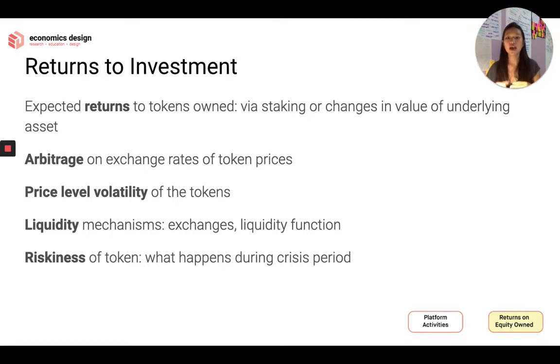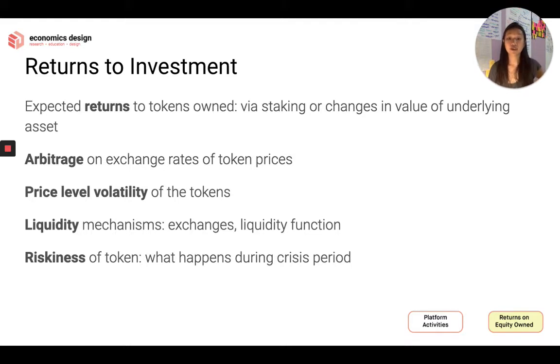But not only that, when we talk about returns to investment, we talk about a longer period, a future time period. Arbitrage can happen if you think a bit bigger picture, where the exchange rates of the tokens are much better, and you can sell them in the next period for a better price, so better returns on investment.